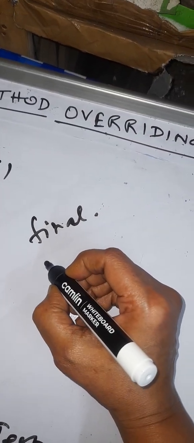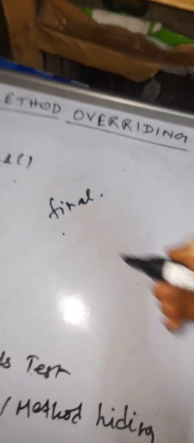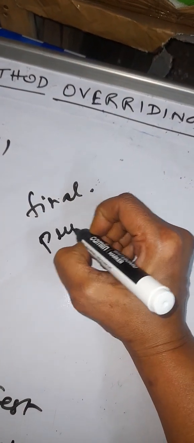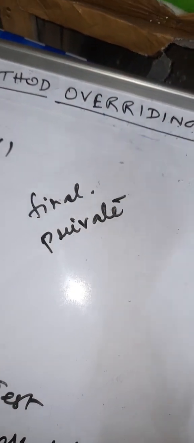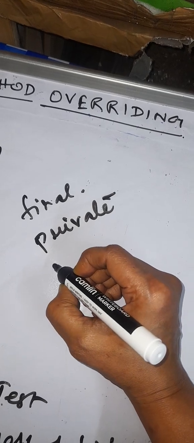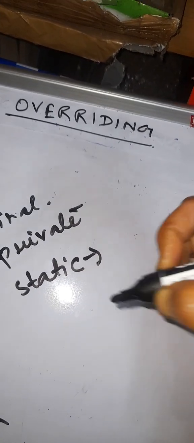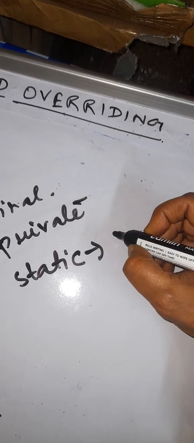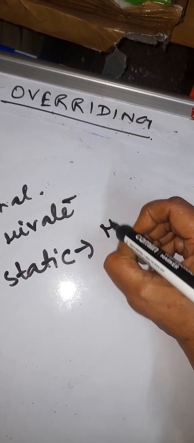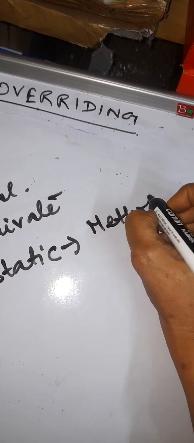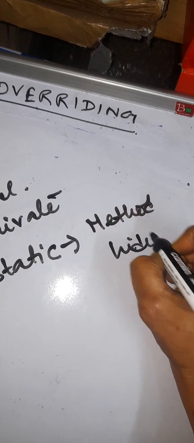If your method is private, that is not possible, and if your method is static, this is also not possible. If you declare the same method name, that is known as method hiding. This is not method overriding.